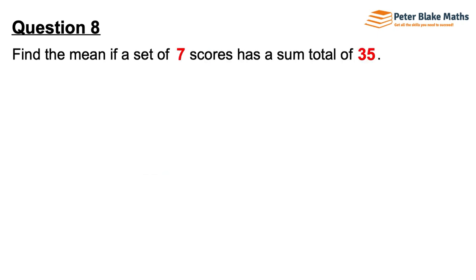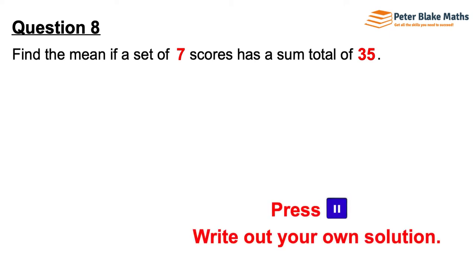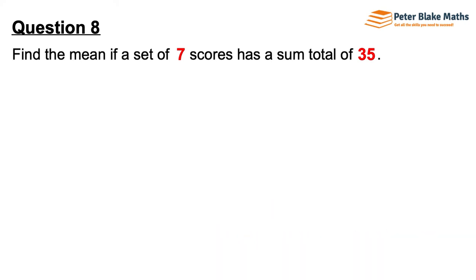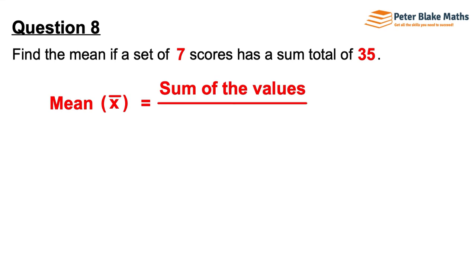Question 8. Find the mean if a set of 7 scores has a sum total of 35. The mean of a set of scores is the sum of the values divided by the number of values.